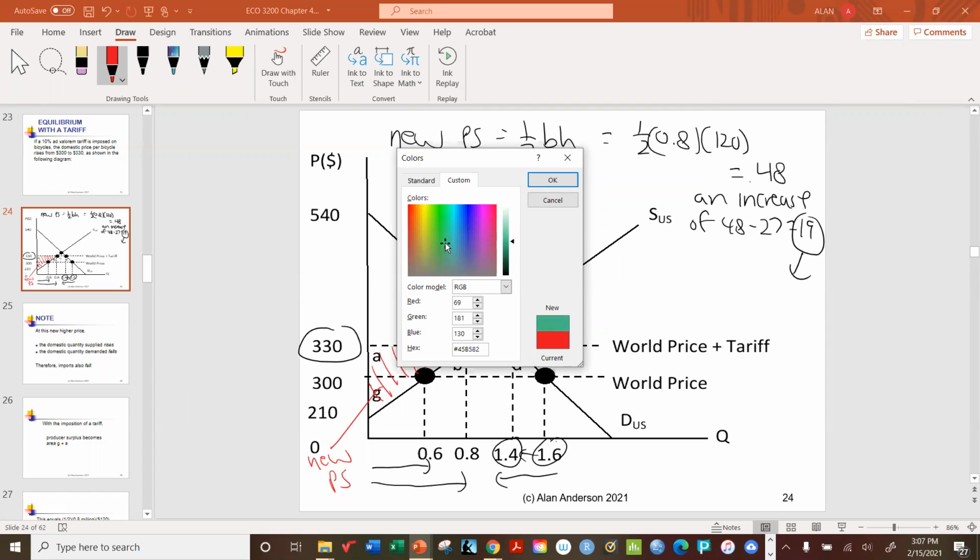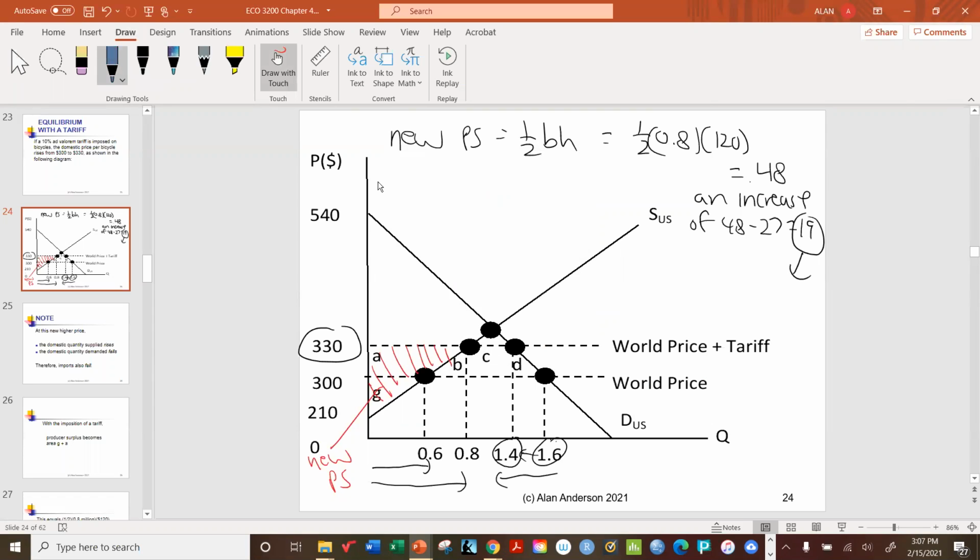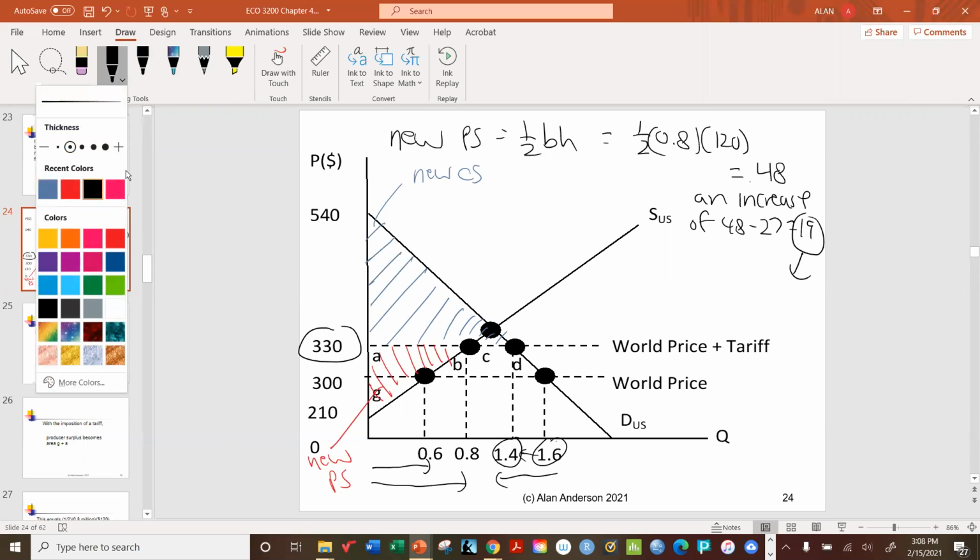I'm looking for a color that looks cool, but it's not so pale that you can't see it. How about this shade of blue? So this is the new consumer surplus. That is kind of faint, isn't it? Let me switch back to black.